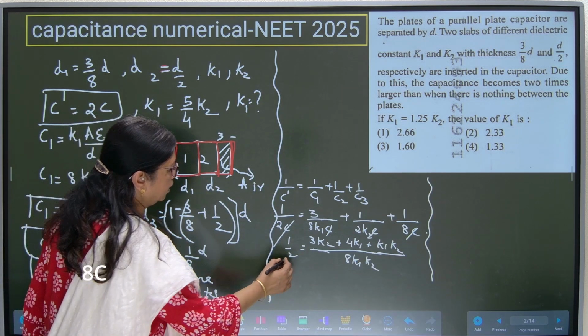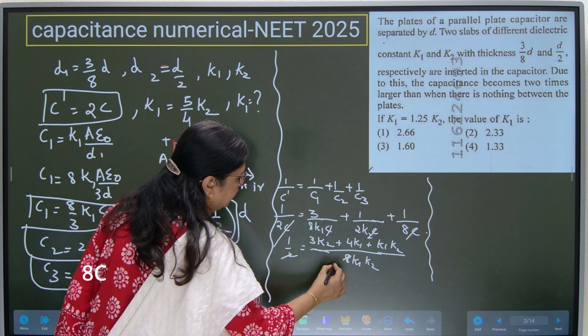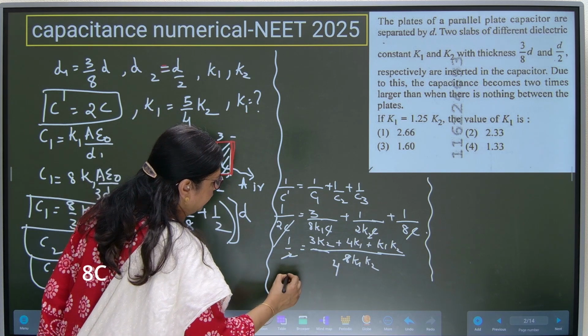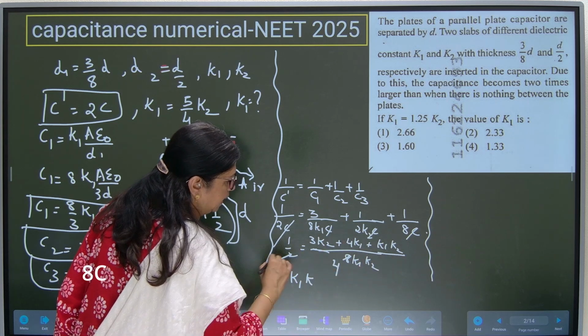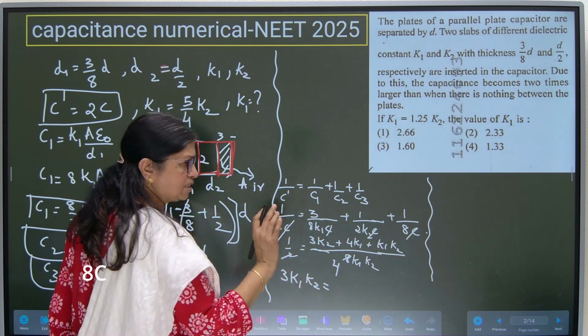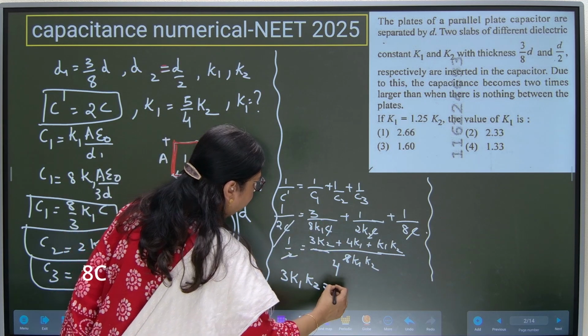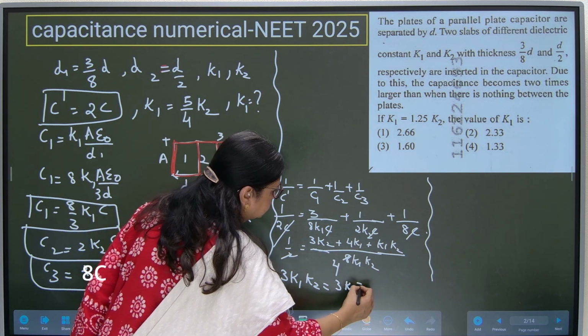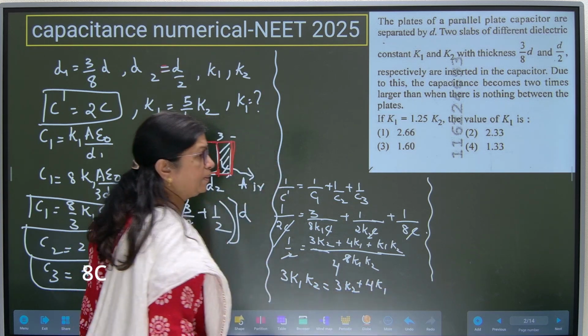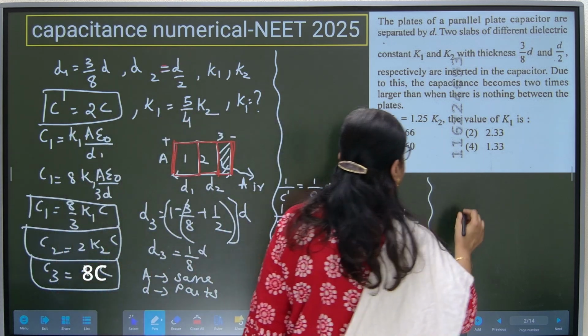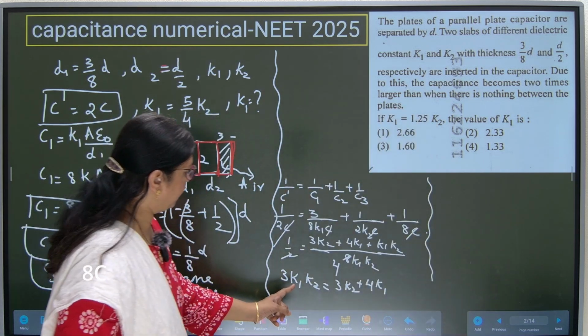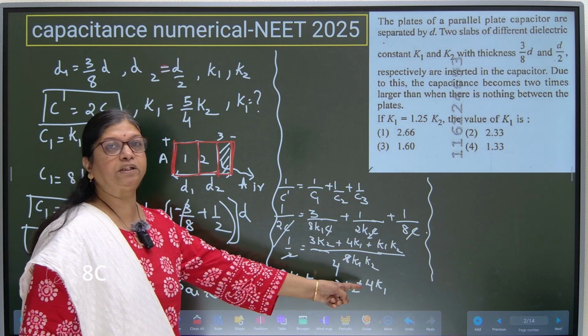Solving here, we can cancel 2 with 4, and we have 3 K1 K2 by bringing K1 K2 to this side. This is simple maths. However you want to do it, you can do 3 K2 plus 4 K1, whichever method is convenient and fast for you. Fine. So we get 3 K1 K2 is equal to 3 K2 plus 4 K1.